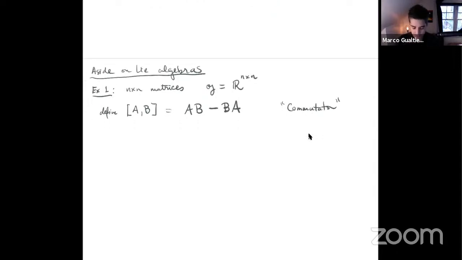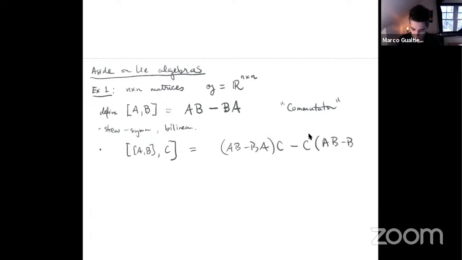Okay, and this is definitely a skew symmetric bilinear operation, which takes two n by n matrices and outputs another n by n matrix. And it also, if we check, let's say the bracket of AB with C, then if you just work this out, you'll get AB minus BA times C minus C times AB minus BA.